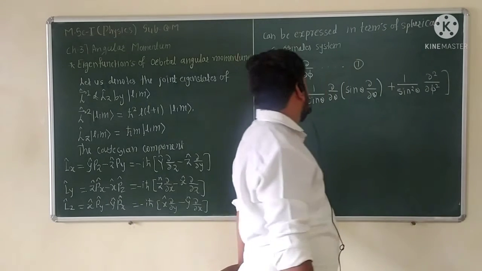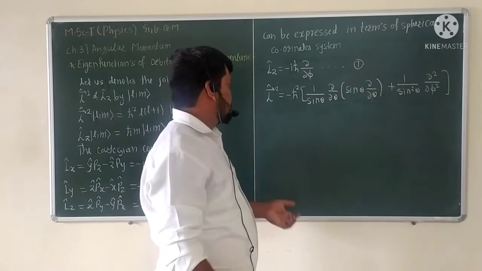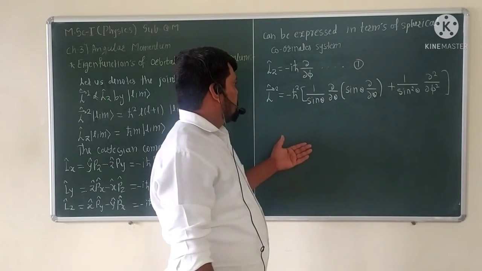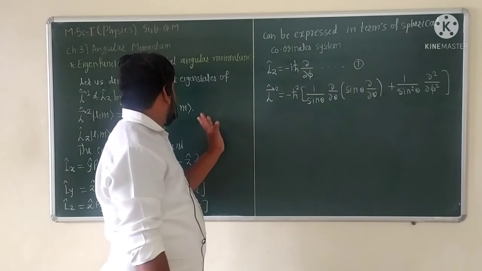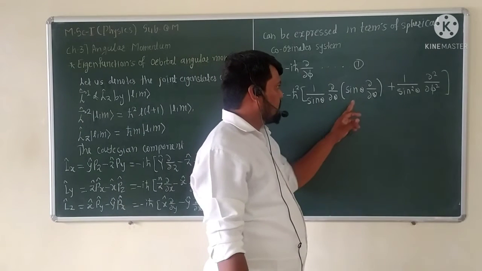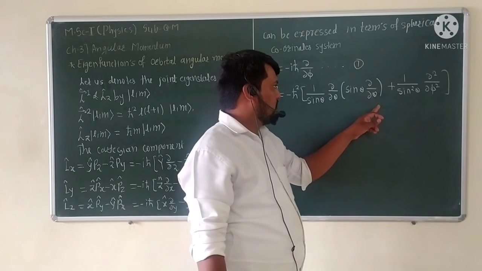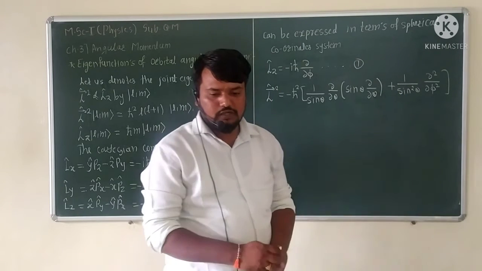So in the spherical coordinate system, this L square is represented as h cross square of 1 by sin theta dou by dou theta sin theta dou by dou theta plus 1 upon sin square theta dou square by dou phi square.